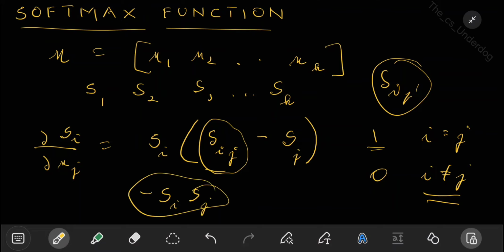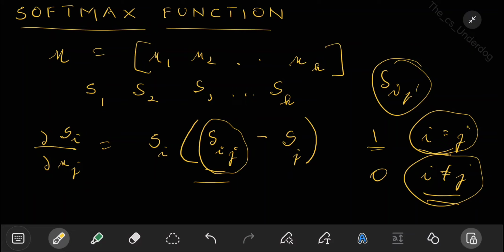So you will have two different derivatives depending on whether i equals j or i does not equal j. In order to handle this scenario, we included this value delta ij, which will change values between 0 and 1 depending on whether i is equal to j or not. You call this the Kronecker delta. This is the derivative of softmax.